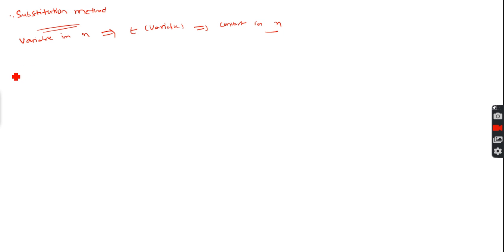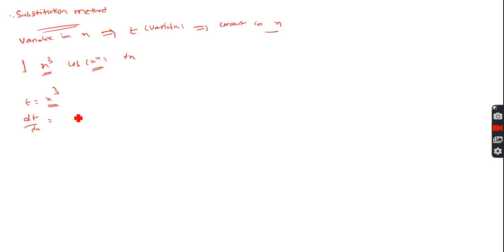Suppose there is a form x cubed into cos x power 4. Here we observe that two functions are involved, x cubed and x power 4. So let us assume that t is equal to x power 4, and we differentiate t with respect to x.